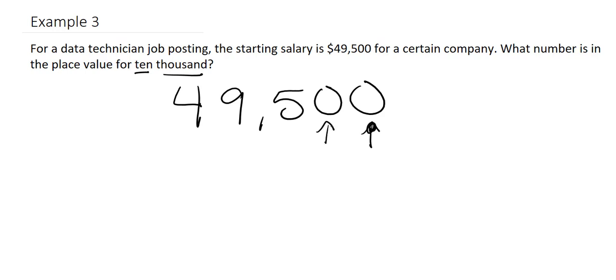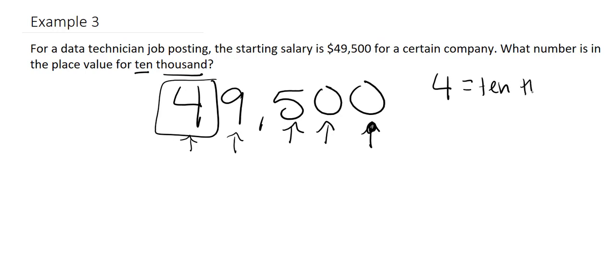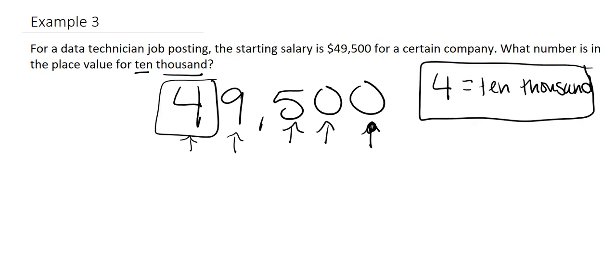Then we move to the left, which is our tens. Then our hundreds. Then this 9, which is our thousands. And next we have our 10,000s. So we would say 4 is the place value for the 10,000. That would be our answer.